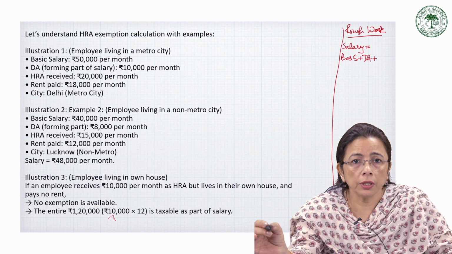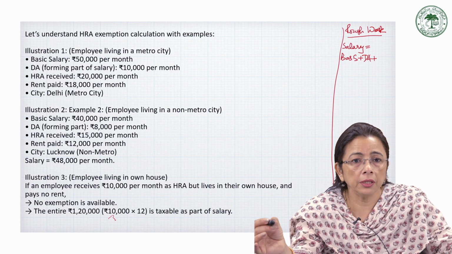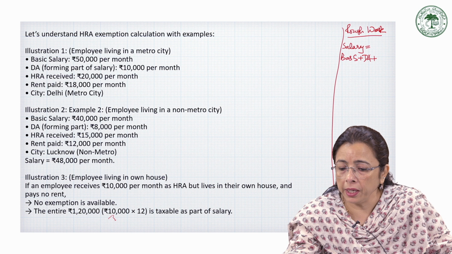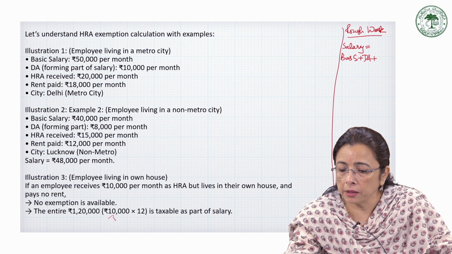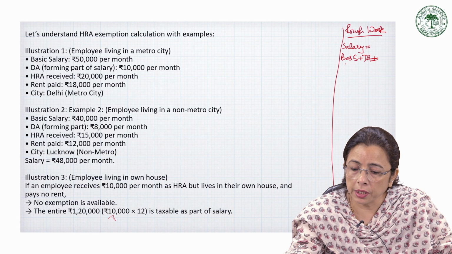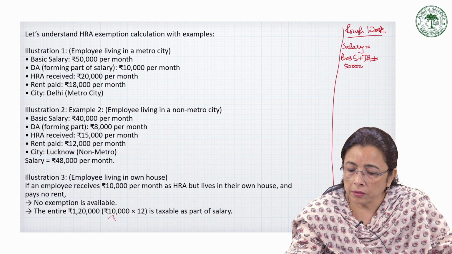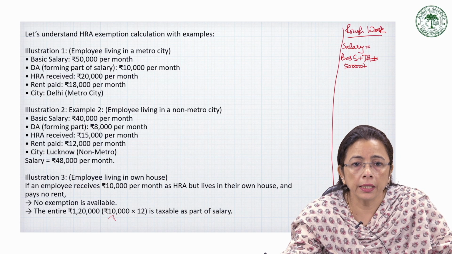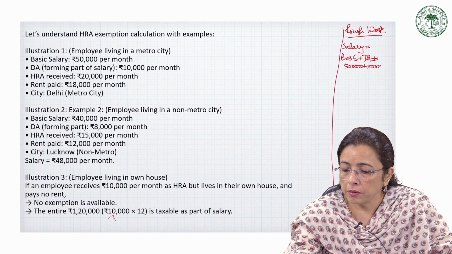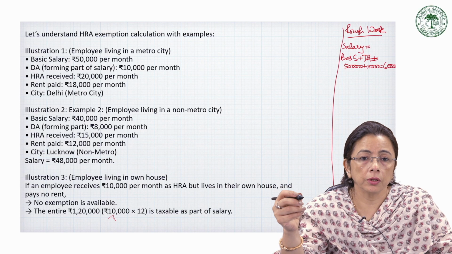But in this question there is no data of any commission. So basic salary in this question is 50,000 plus DA is rupees 10,000. So the salary to be taken up is 60,000.